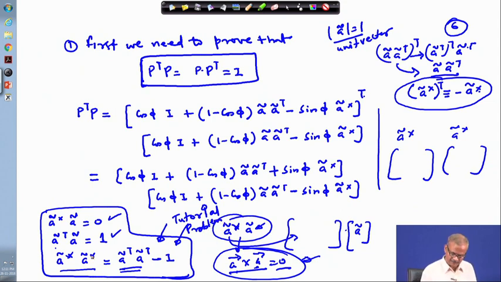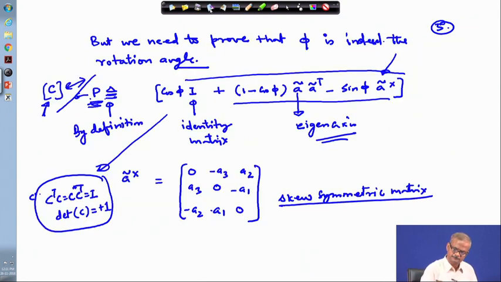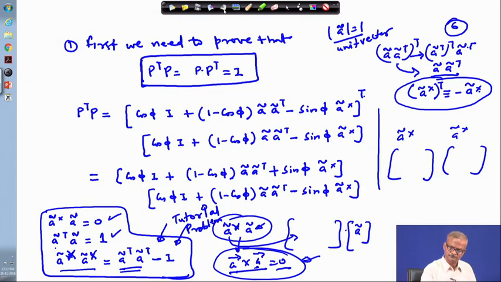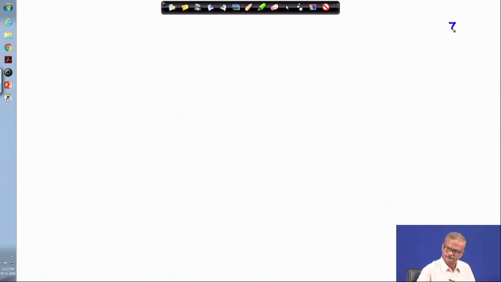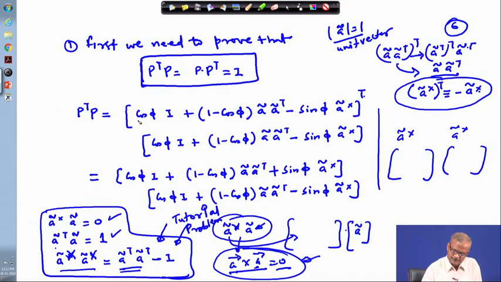Some practice is required, and it is good to do this practice. So, we have written earlier P transpose P or P P transpose, whichever way you write.